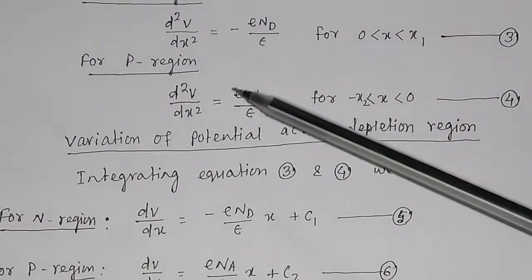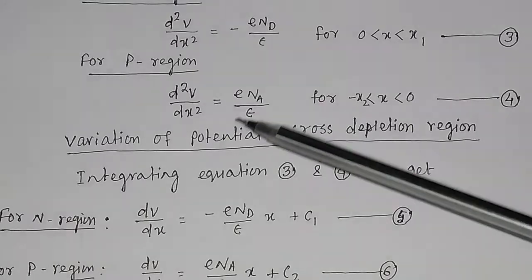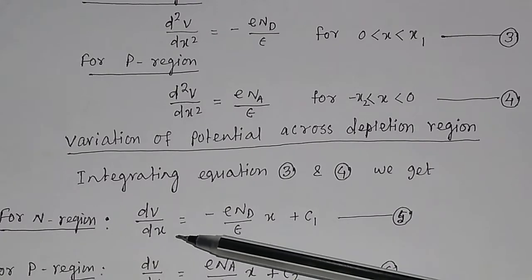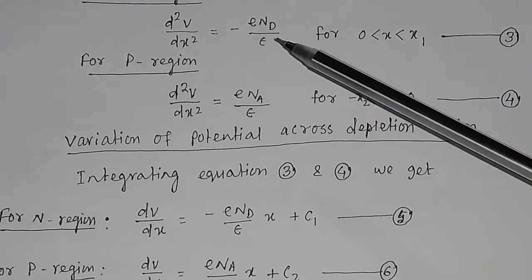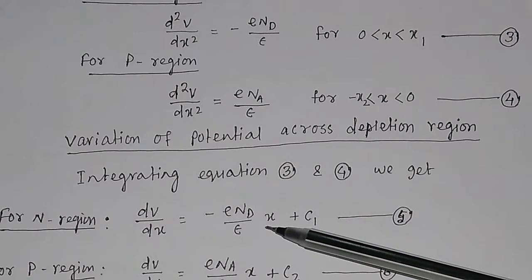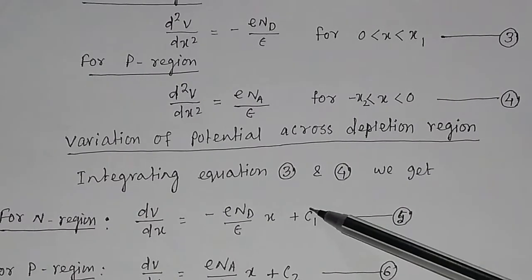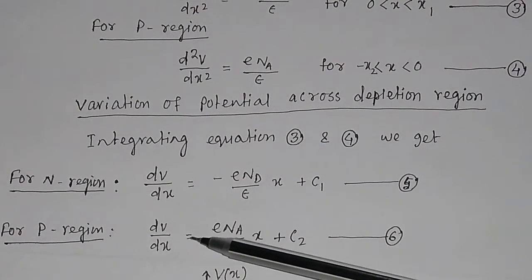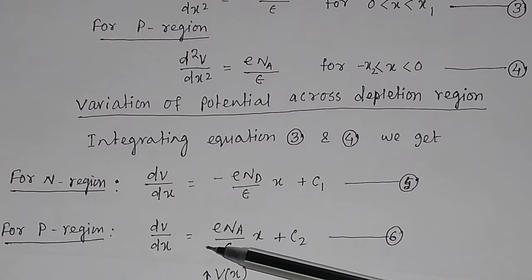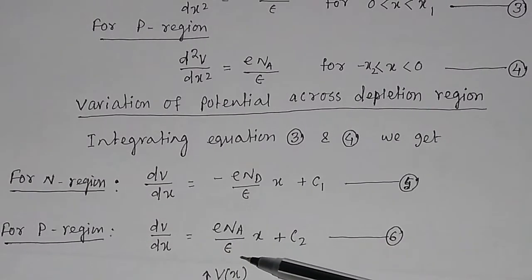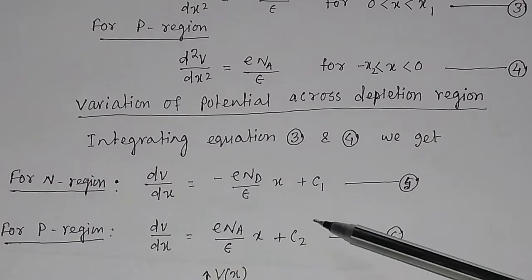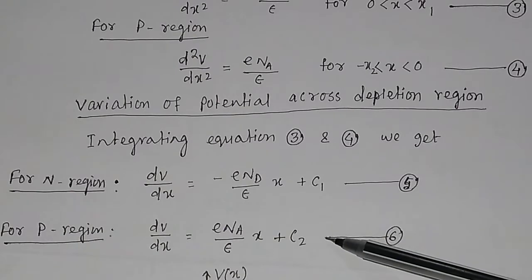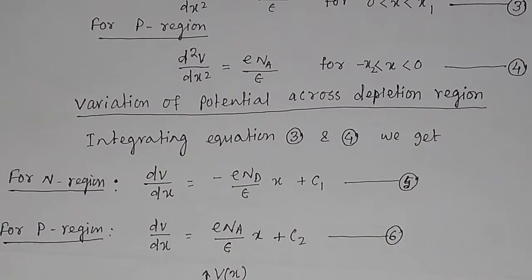So for the N region, if you integrate equation 3, the derivative of V with respect to x will be equal to minus e into Nd divided by epsilon into x plus a constant of integration, because it is an indefinite integral. Similarly for the P region, you have dV by dx equal to e into Na divided by epsilon into x plus c2, where c1 and c2 are constants, and the values of these constants can be found from boundary conditions.